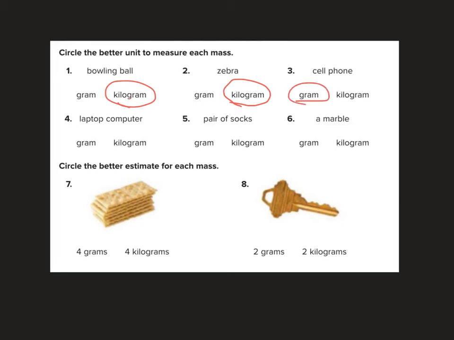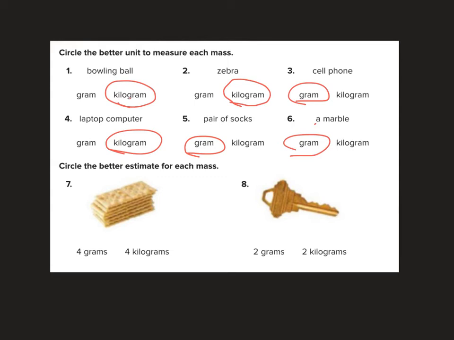A laptop computer weighs maybe about as much as a book. You can get light ones, but I'd go with kilogram for that one. Pair of socks, it's pretty light, so I'd do a gram. Marble, 100% a gram. Okay, circle the better estimate for each mass.